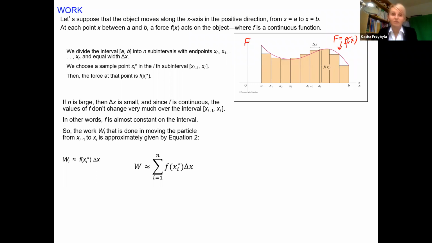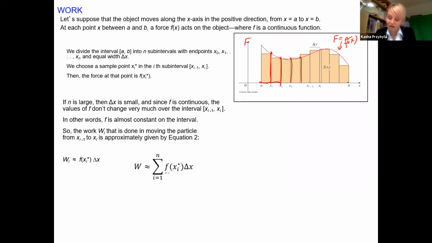And we would like to compute the work when moving the object from a to b. For my sample points, if I slice, this will be the force, this will be the force, that's the force. Now, in order to compute the work, I will multiply by the distance: distance times the force, which is the value of the function.